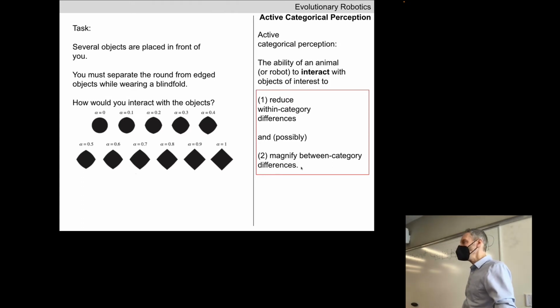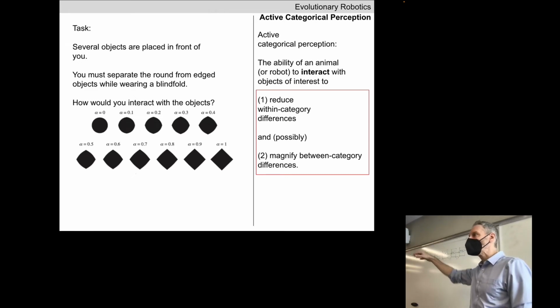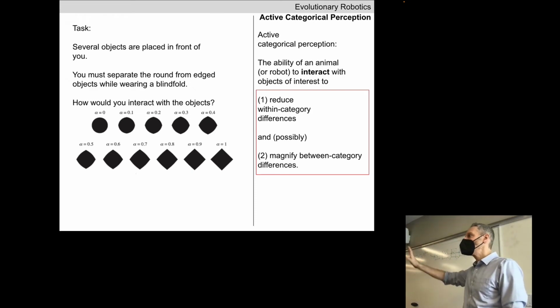At the same time, maybe either or, we are also manipulating objects to magnify differences between categories. I think this object is not an apple, I think it's something else. If it's a non-apple, I should be able to do this and get a non-apple response.